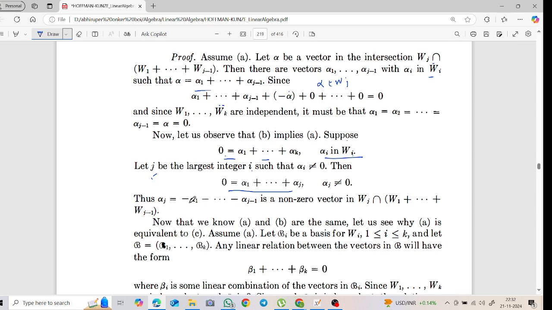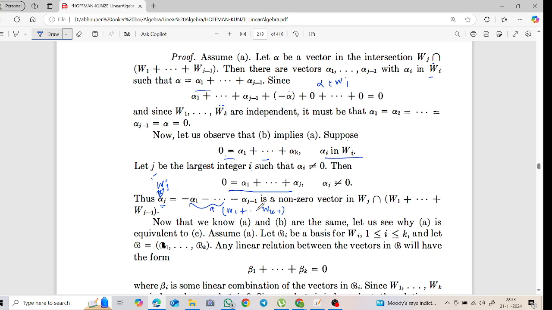Again you see this is in the intersection, right? Because the left hand side is in Wj and the right hand side is in the rest, like the right hand side is in W1 plus up to W(j minus 1), right? But this is 0. So you get alpha j is 0.